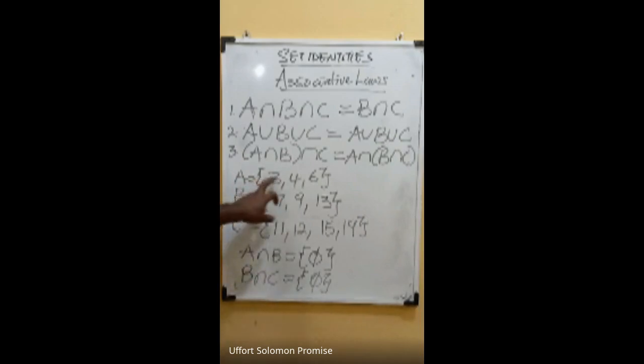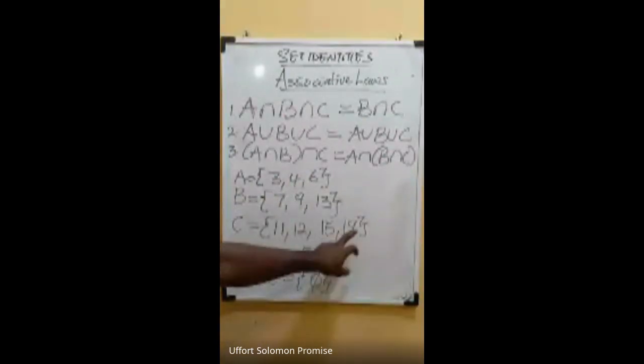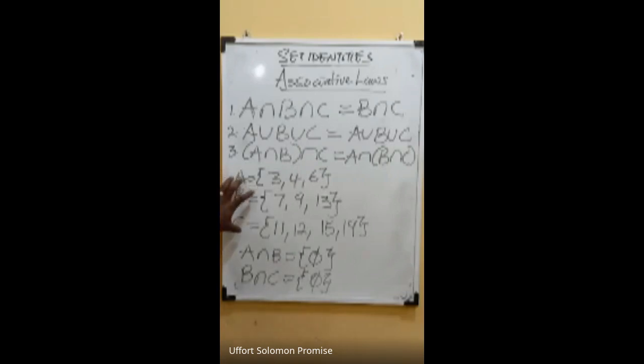You look at there, this is 3, 4, 6, this is 7, 9, 13, this is 11, 12, 14, 15, 19. No common element. Common in that case means no repeated element. So the law states that if you intersect three sets, the intersection of these three sets is equal to the intersection of the last two sets, which is B intersection C. So B intersection C is as well empty.